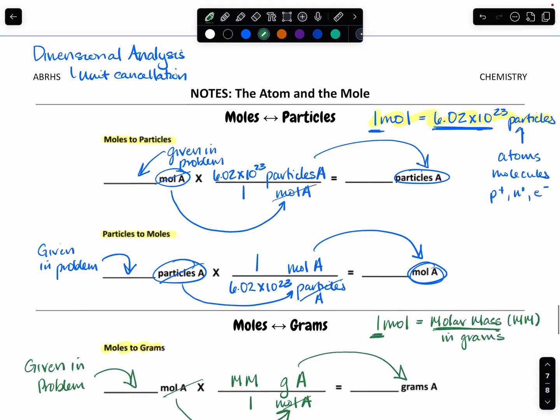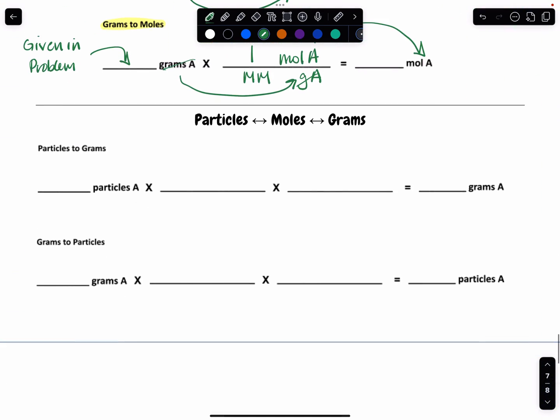All right, so let's go down to our organizers and look at what one of these problems is going to look like. Before we get into that completely, just a reminder, these are going to be two steps each. And there are two conversion factors that we're interested in. 1 mole of any substance is equal to 6.02 times 10 to the 23rd particles.